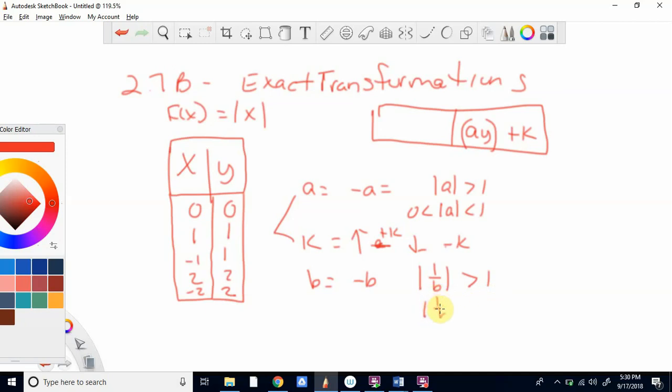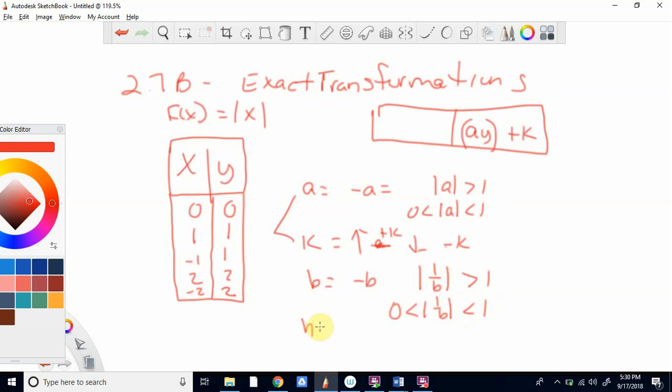If the absolute value of 1 over b is between 1 and 0, then you have a horizontal compression. That's going to be the factor: 1 over b is what it's going to be times. That's the factor that is dilated, and negative would show reflection.